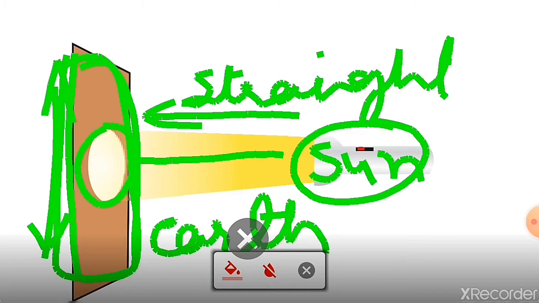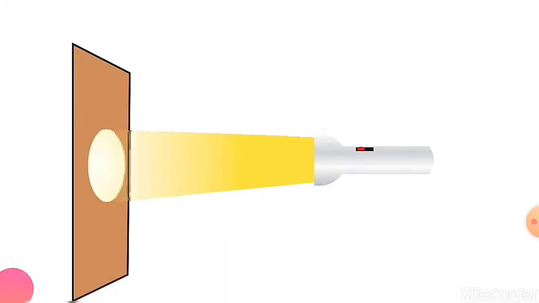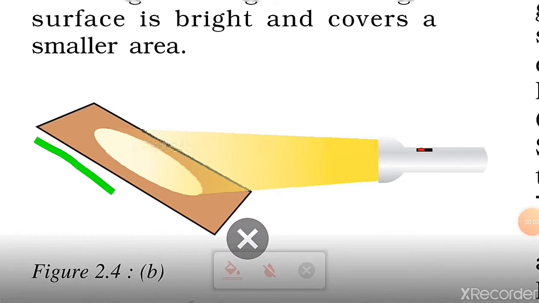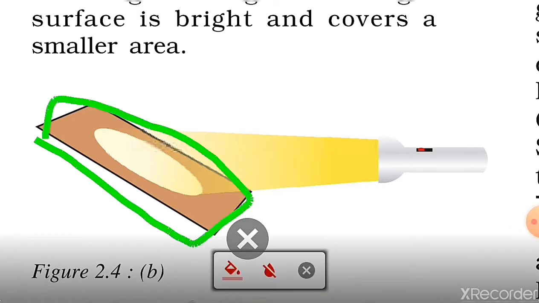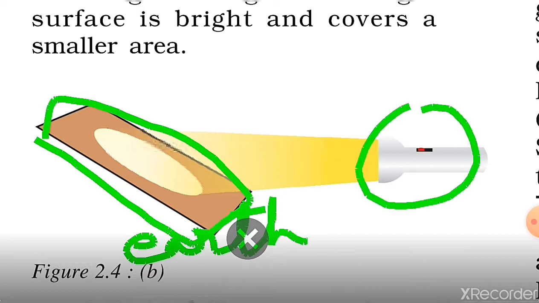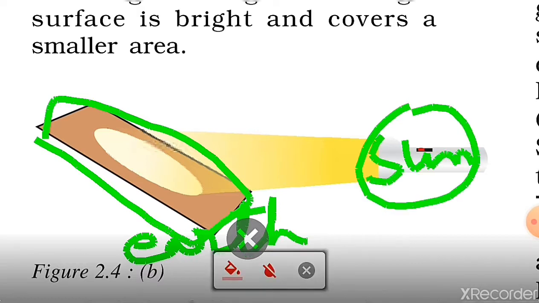Now let's take the second example. The second example is a slanted surface. Okay, this is your slanted surface and this is also the earth, and this is the sun.